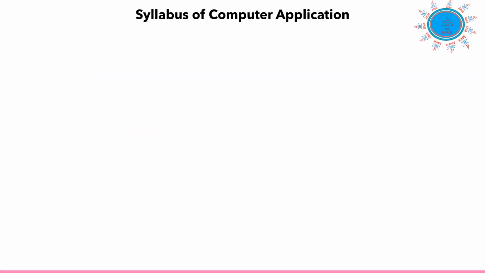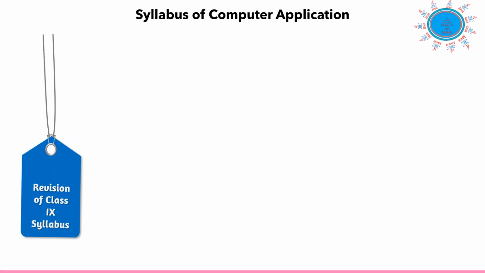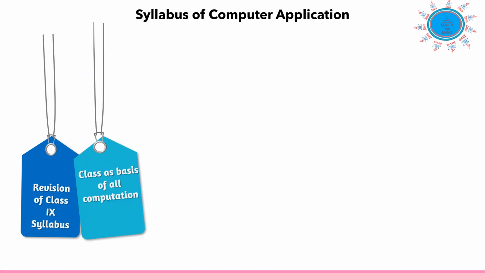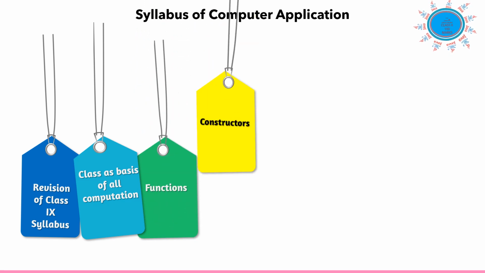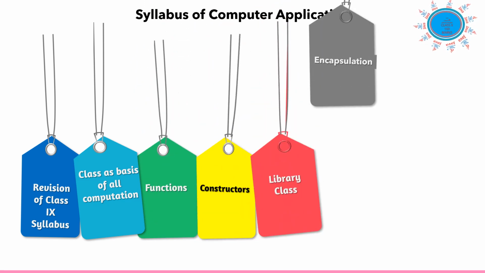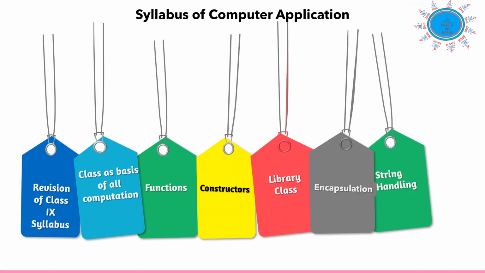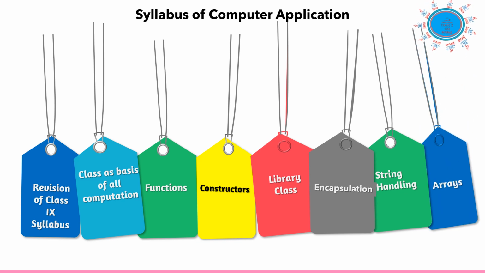Before starting, we can go through the syllabus of class 10 computer application, ICSE board. It consists of revision of class 9 syllabus, class as basis of all computation, functions, constructors, library class, encapsulation, string handling, and arrays.